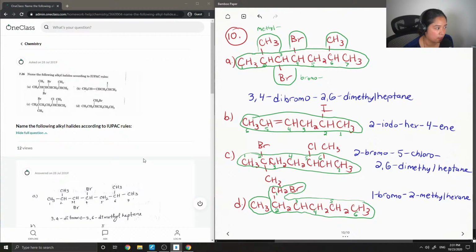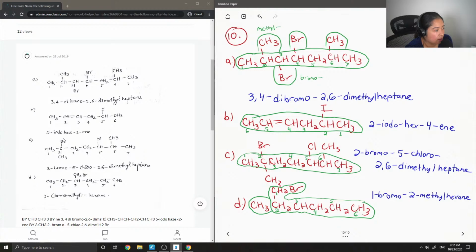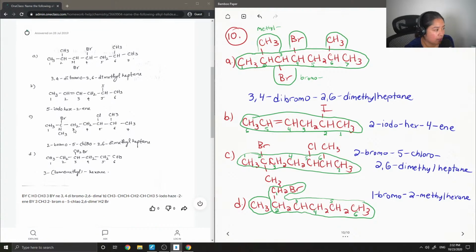So let's see the answer from our junior tutor. They got 3,4-dibromo-2,6-dimethylheptane. They numbered it this way and got 5-iodohex-2-ene. But since we want the lowest number possible, I would label this carbon as carbon 1.